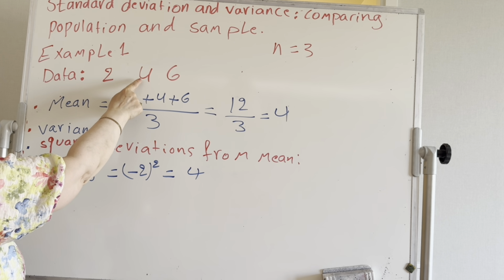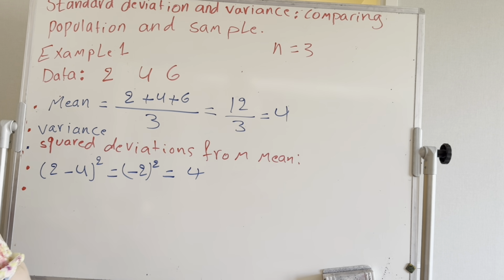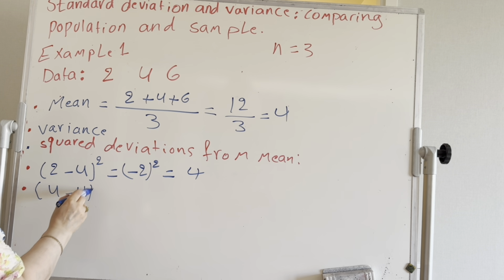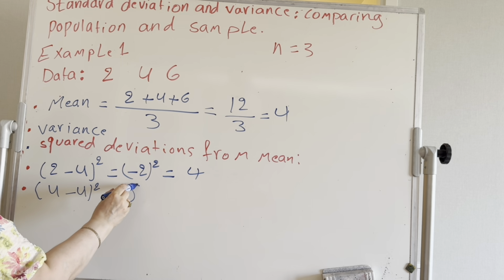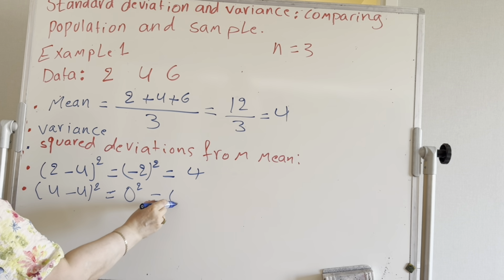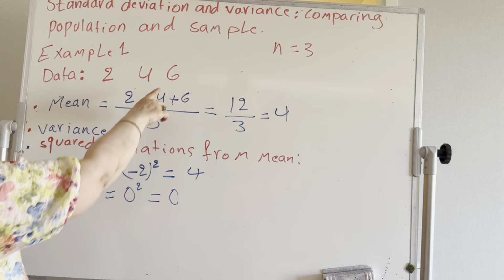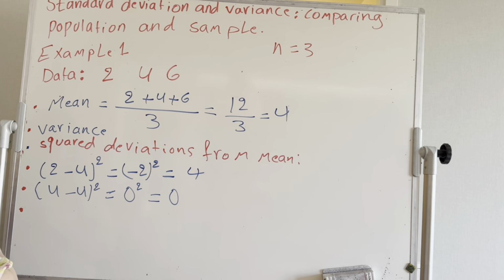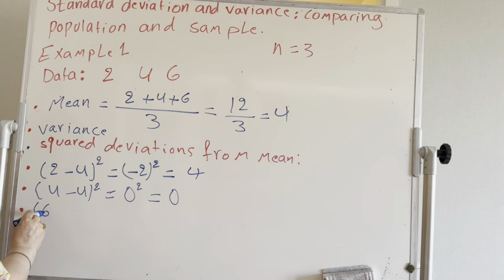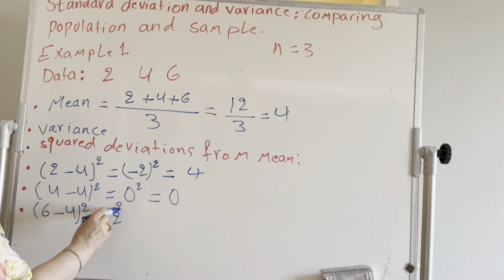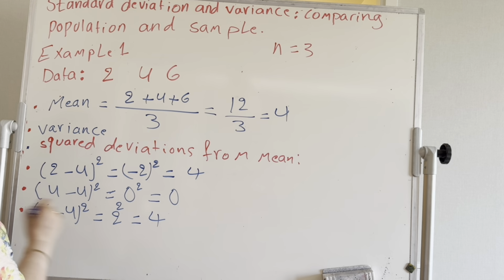The second number, 4. 4 minus 4, power 2, equals 0. The third number I have is 6. 6 minus 4 power 2 equals 2 power 2 equals 4.